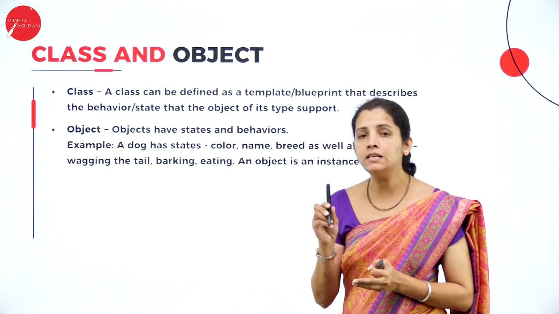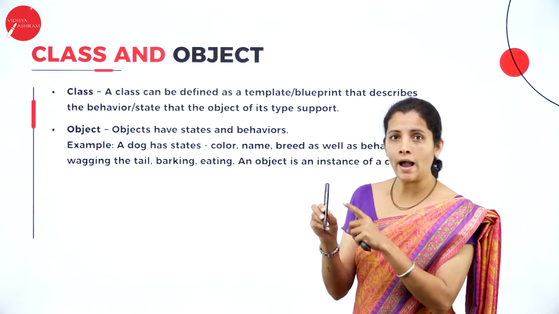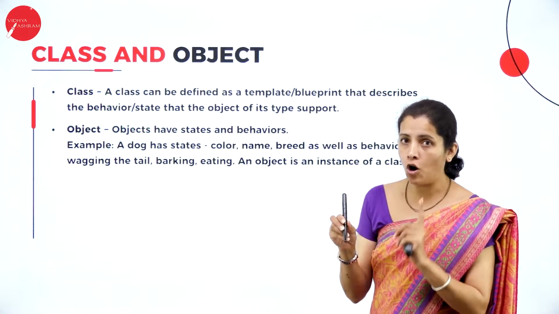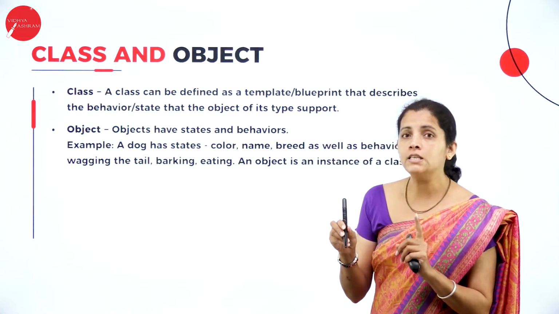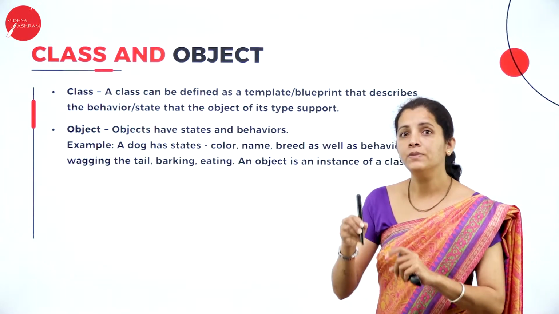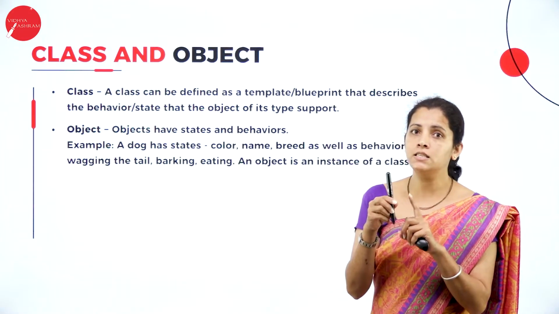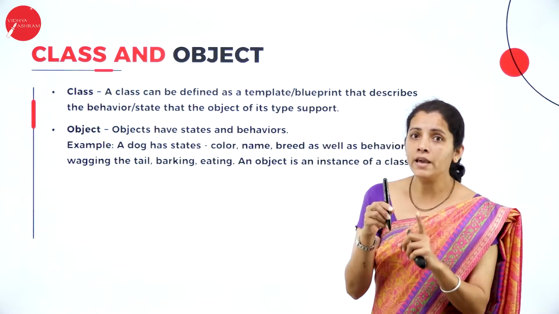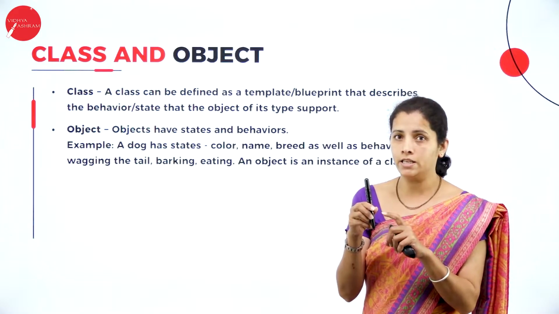Now, if I consider this pen, it is going to have state and behavior. Here an object will also have state and behavior. So this pen will have the behavior as well as state.